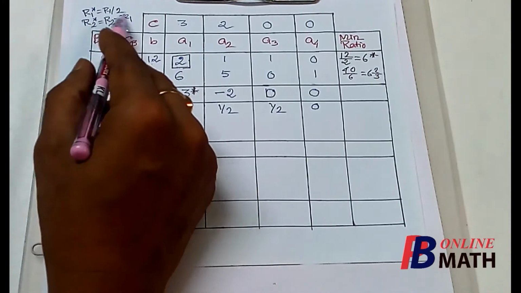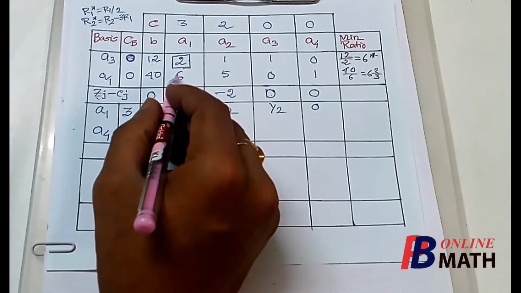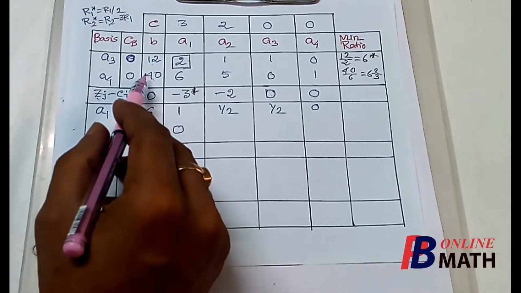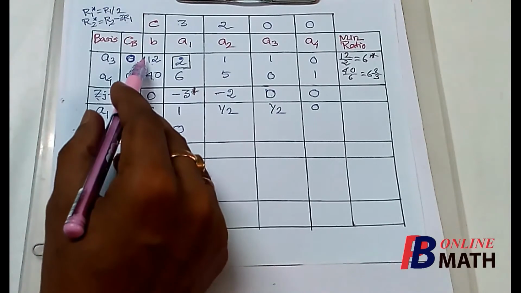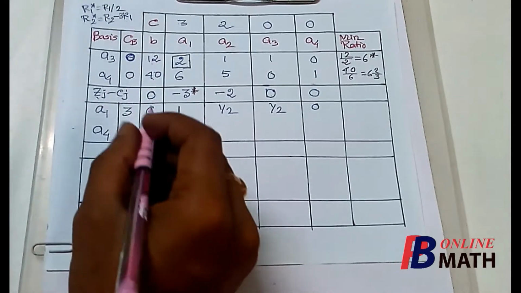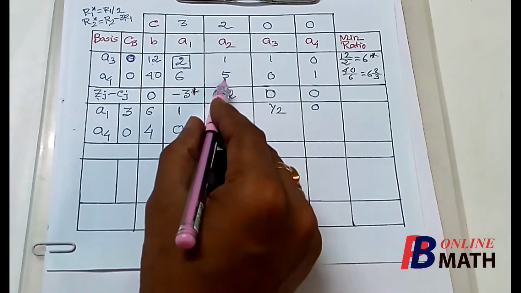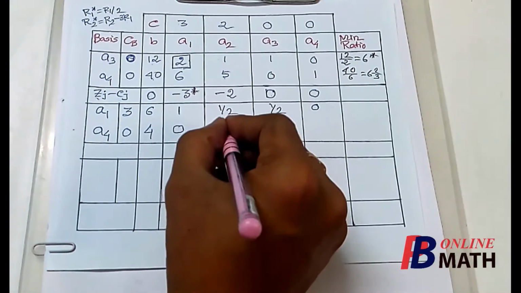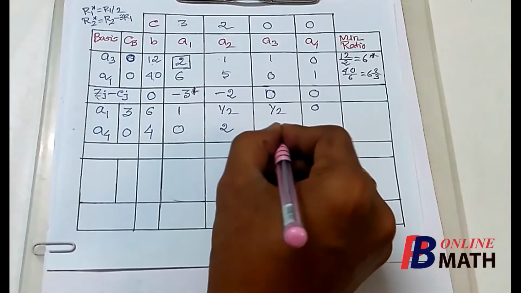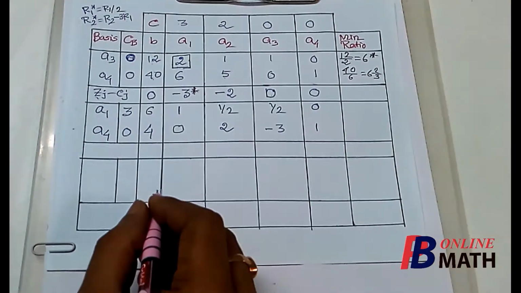So if we apply this operation, then this element will be 0. Now this element, r2 minus 3 into r1: 40 minus 12 into 3, so 40 minus 36, which is 4. Now this will be 5 minus 3 into 1, which is 2. Next 0 minus 3 into 1, minus 3. 1 minus 3 into 0, which is 1.